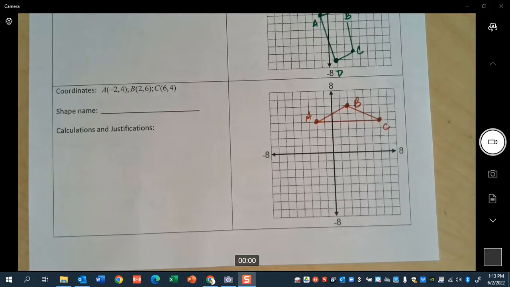How do I know if it's isosceles or equilateral? Distance. Sure.